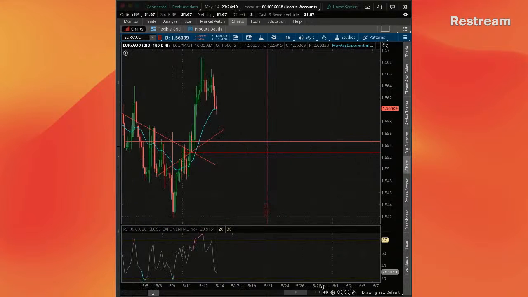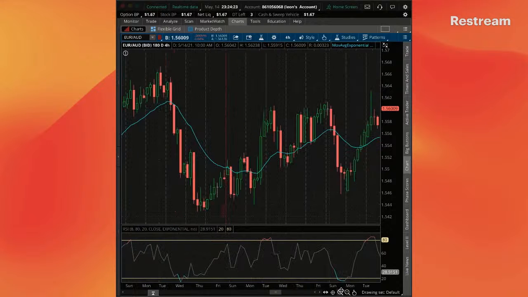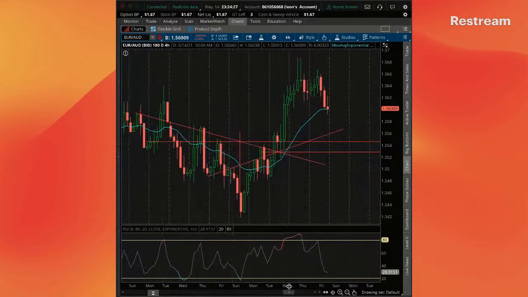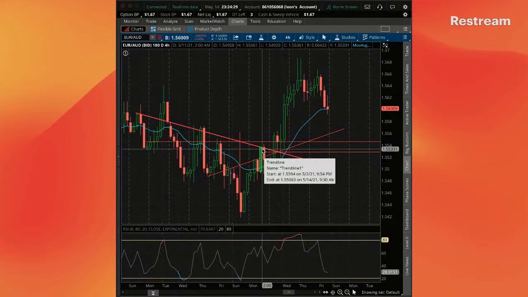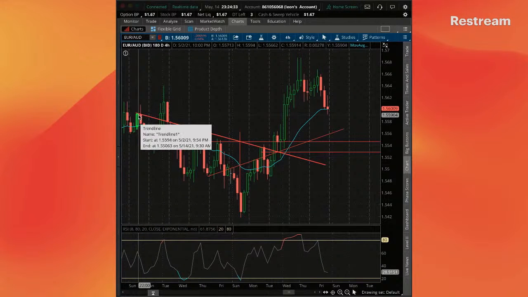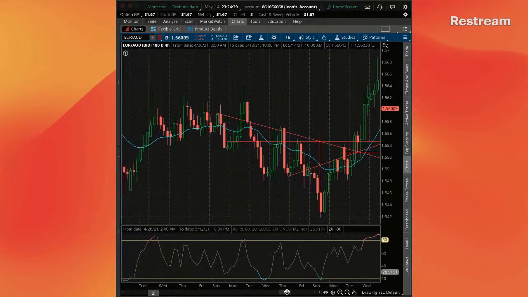Let's take a look here. As you can see, we were using first this candle and this candle. So now we're going to cancel out this candle because we've hit price action, and we're going to move it over now.